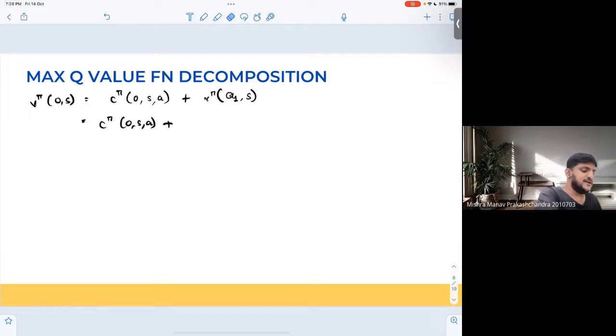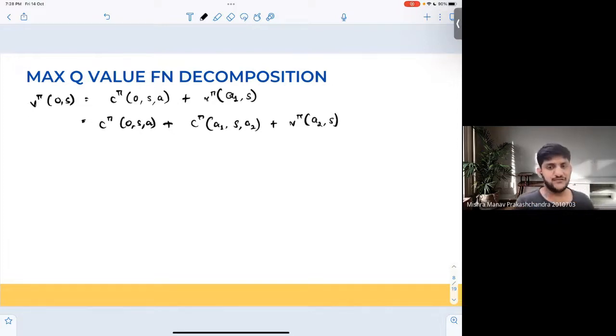Accordingly, you will have the completion function for the A1 subtask, and then you will take action A2, and then you'll get the corresponding decomposed value function as this.